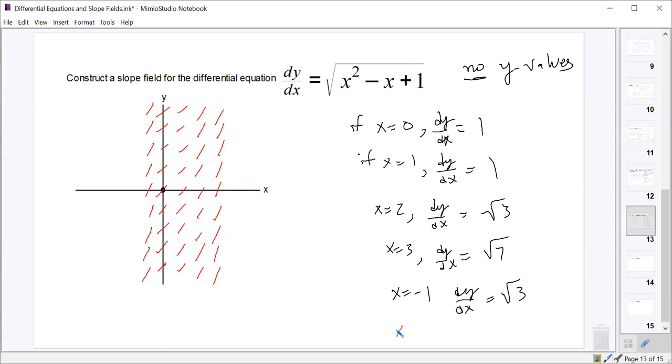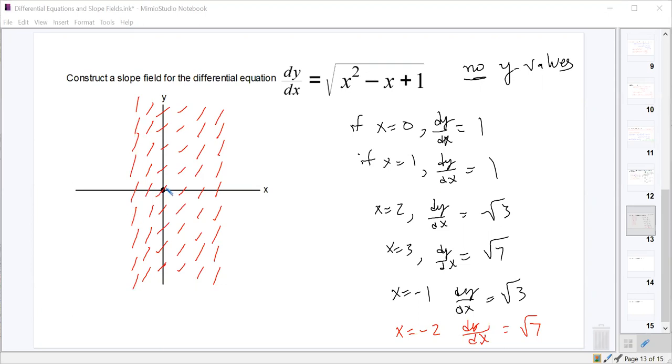And what about if x is -2? Should be root 7. And what about when x is -3? It's just going to keep getting bigger, right? I know my lines aren't perfect, and this is not always going to be a perfect science, but these are just going to keep getting steeper as they go towards the left.